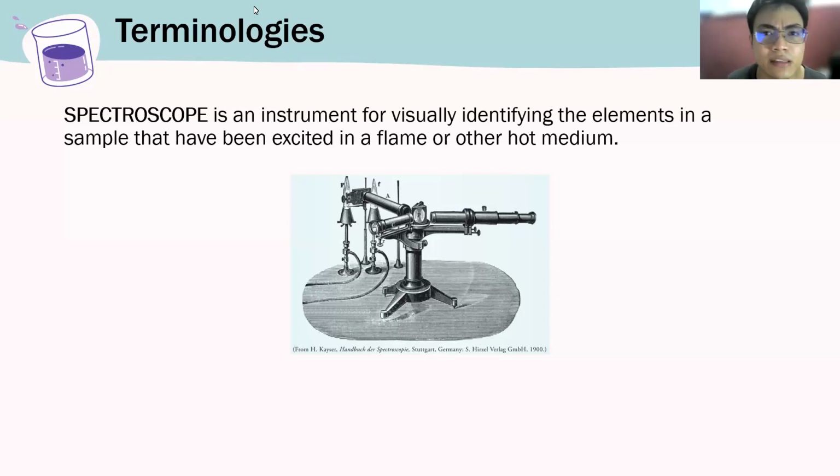Ito rin yung ginamit ni Niels Bohr to make what is called the emission spectra. Yan yung ginamit niya in order to say na yung atoms, they are made of electrons with different energy levels or different orbits.